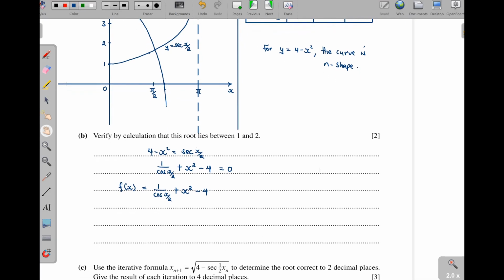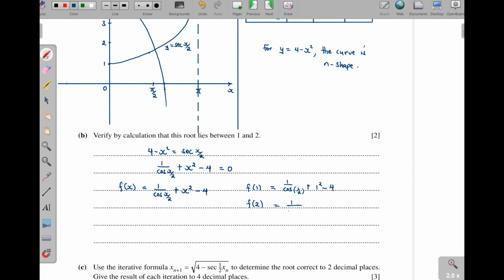Now we put 1. So what will be f of 1? What will be f of 2? Okay, so this one will give us 1 over the cosine of 1 over 2, then plus 1 squared, then minus 4.